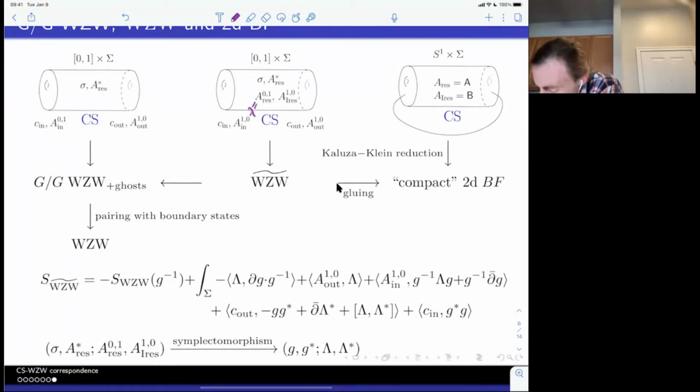This I denoted lambda and lambda star previously. There's really no good choice for notations here. It's always a mess. So the resulting effective action is something I denoted W twiddle.